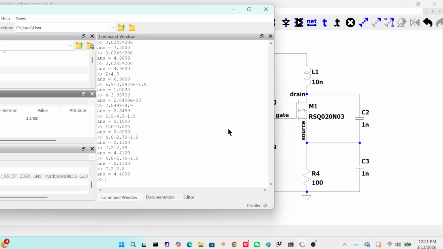So 1 divided by 2 pi times the square root of the inductance times the capacitance.